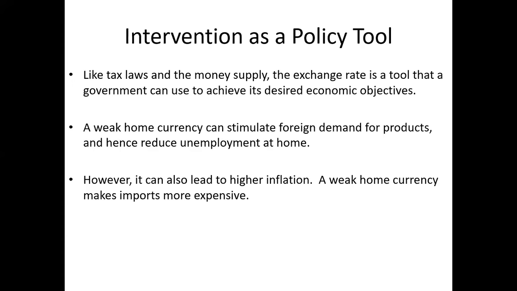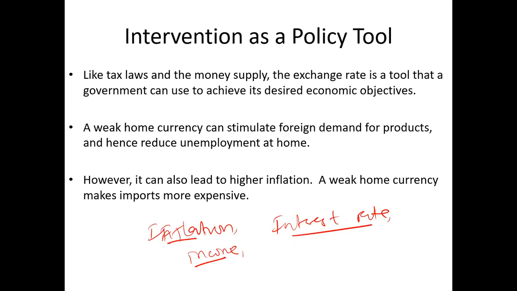So all that we are saying is that any policy that affects inflation, interest rates, and income, okay, can also affect the exchange rate, because these are factors that affect the exchange rate.